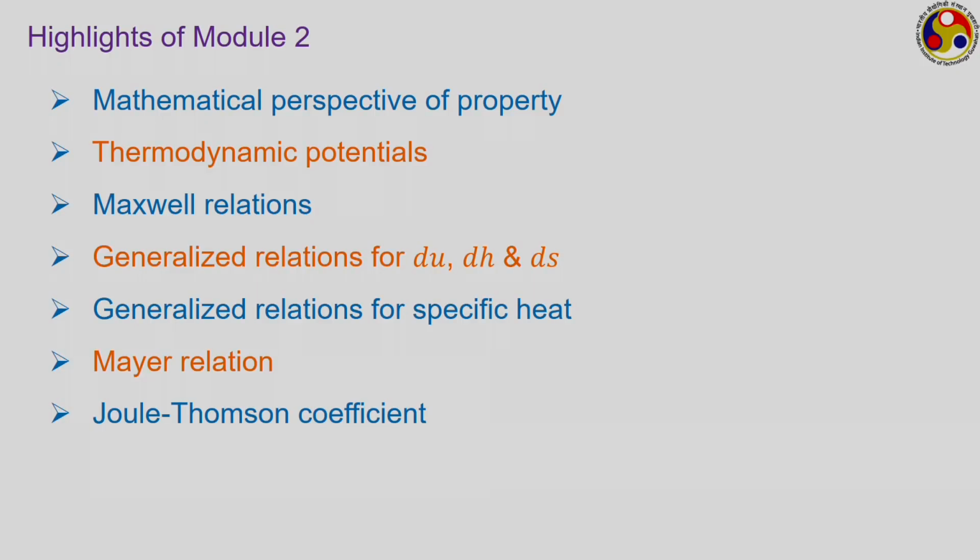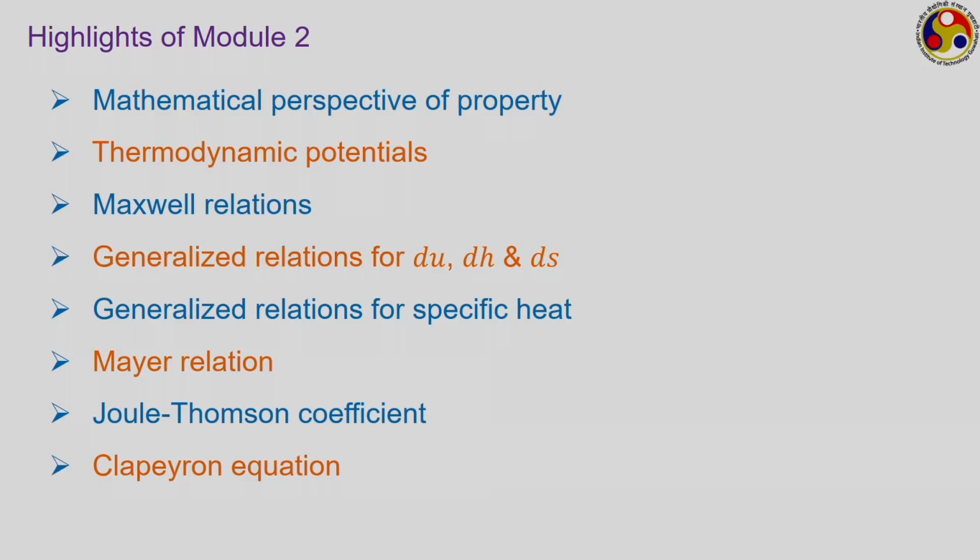And today we have discussed the concept of Joule-Thomson coefficient, which is very important regarding the choice of a fluid for heating or refrigeration applications. And finally, we discussed about the Clapeyron equation, which has its application in the phase change processes in order to understand the changes in specific enthalpy and specific entropy during a phase change process, and also sometimes to calculate the saturation pressure for a given saturation temperature using the values at some other point.